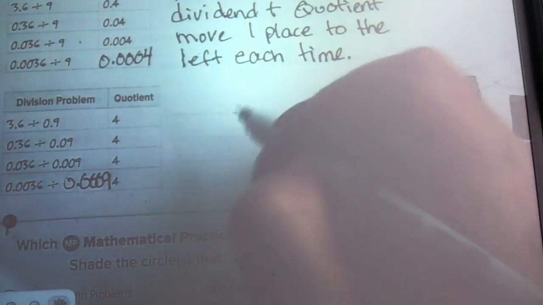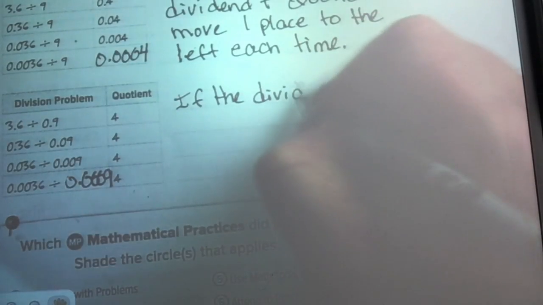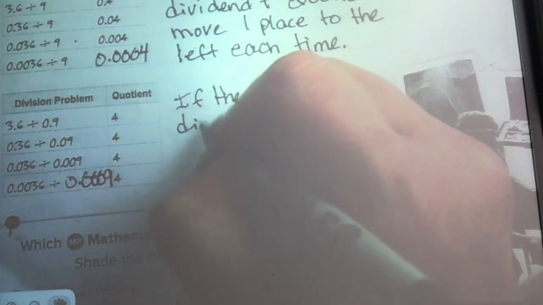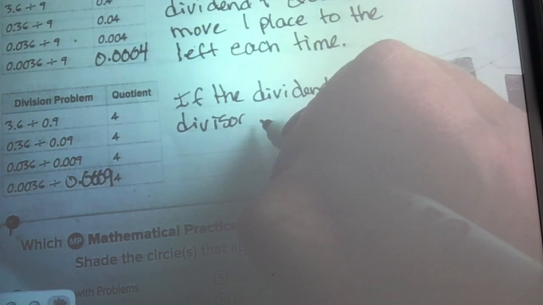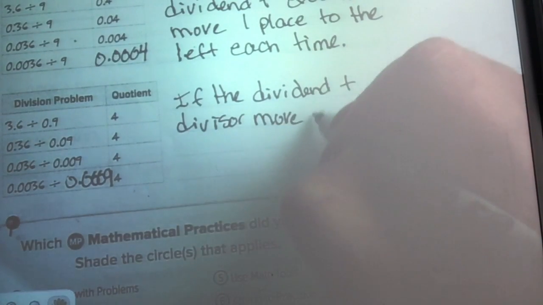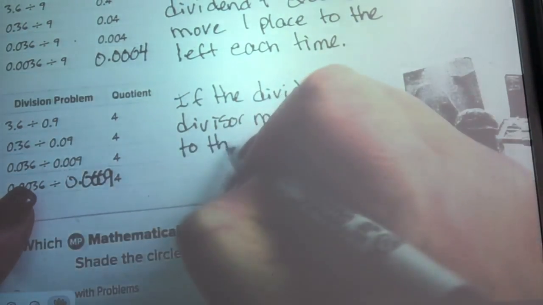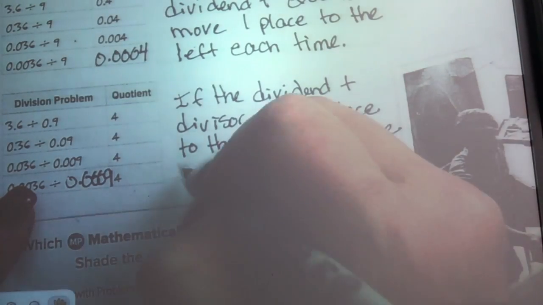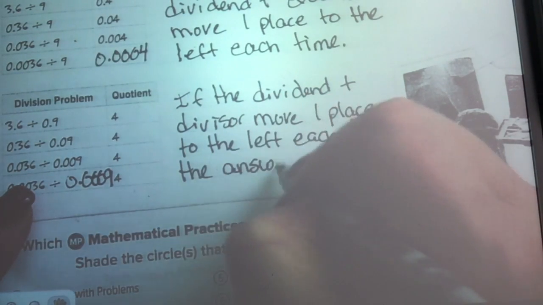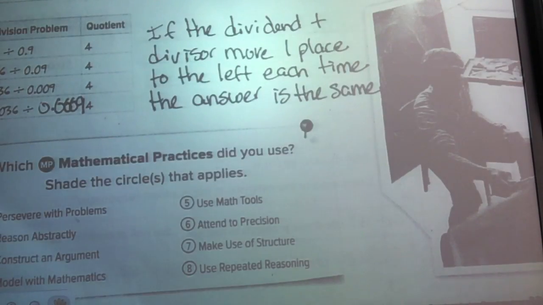So if the dividend and divisor move one place to the left each time, the answer is the same.